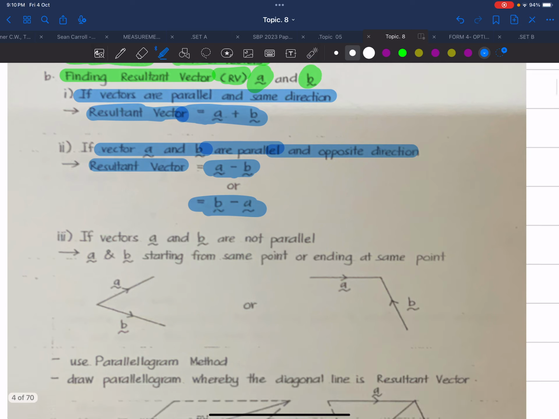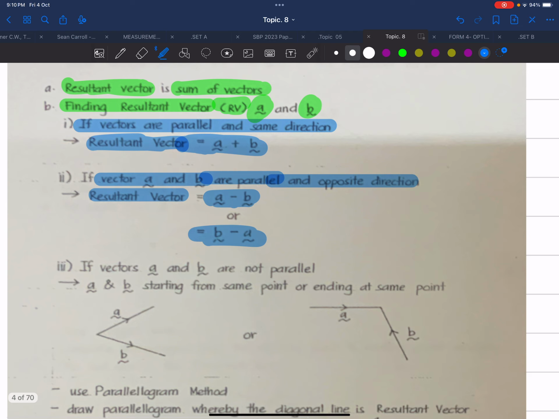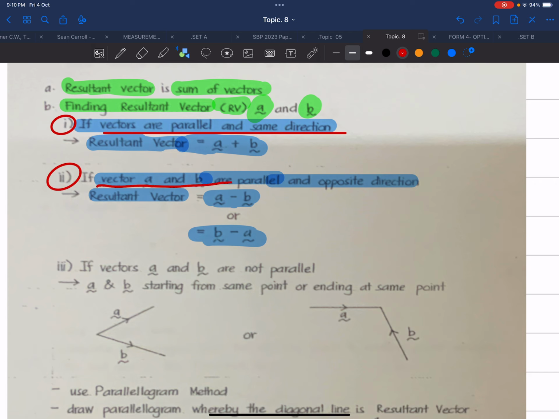So the first case that I've done, number one here, the vectors are parallel and same direction. Number two, the vectors are parallel but opposite direction. Now comes the third part.